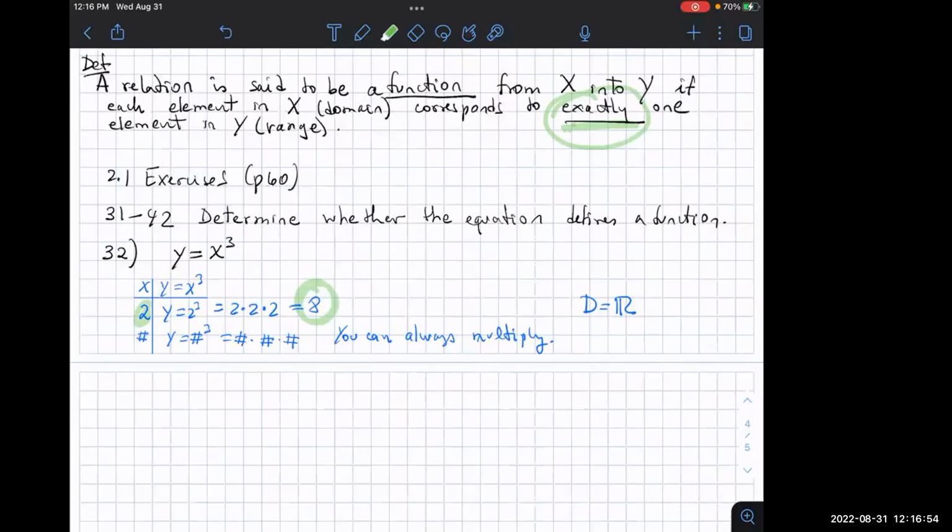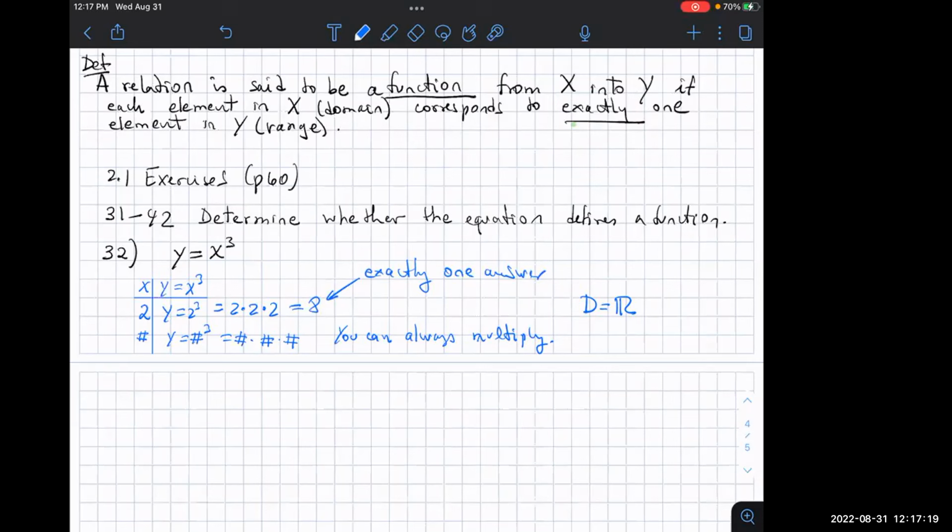No, there's no other number. Actually, I was going the other way around. 2 to the third is always 8. It's not going to be 8 or something else. So, exactly one answer. It is a function.